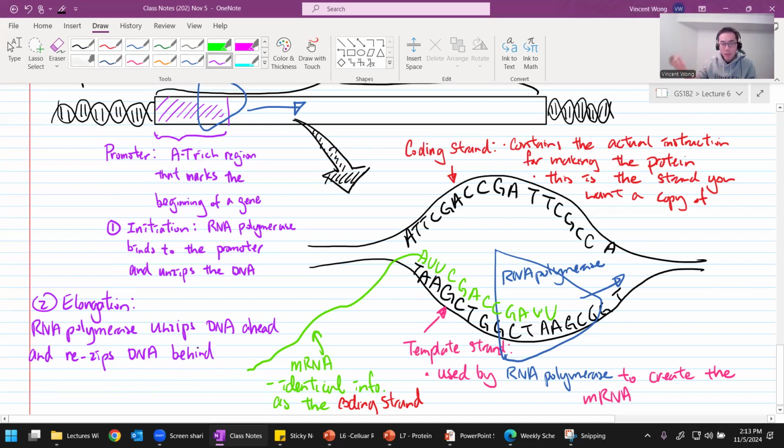Because you want to keep it the way it was. We don't want to have a bubble that's expanding like we did with DNA replication. As it builds mRNA using the template strand.